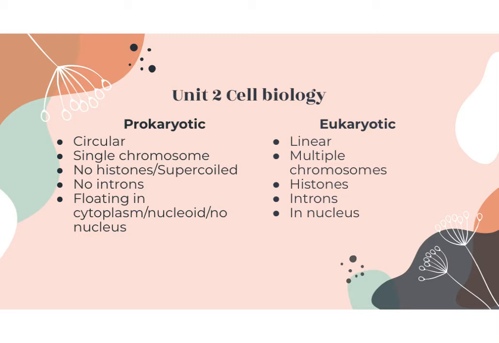These are protein complexes that interact with the charge of the DNA and wrap up our DNA in order to keep it compacted. It does contain introns, which are regions of DNA that are going to be cut out and they're not used to code for proteins. And because there is a nucleus, the DNA is stored in the nucleus.